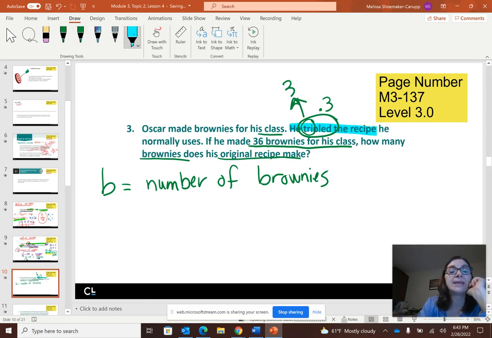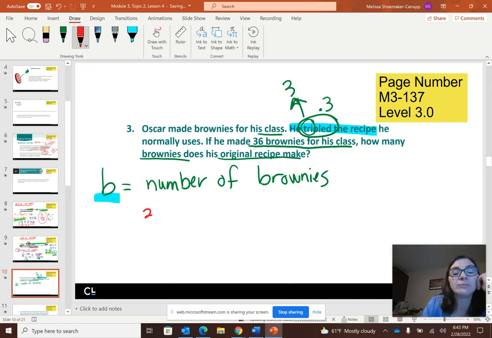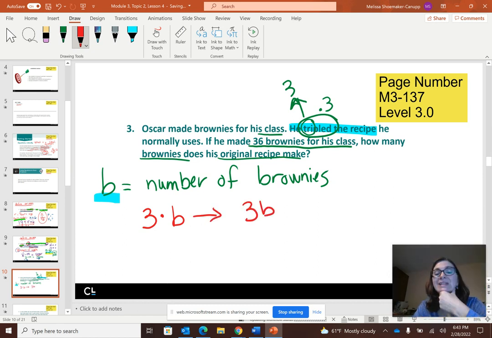We're going to take B, the number of brownies in one recipe, and we got to triple it. So how do we triple it? We would multiply it times 3. And remember, we can smash those together. That means multiply. So now we know the number of brownies, don't we?